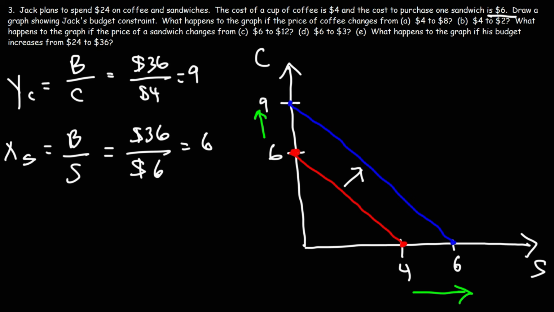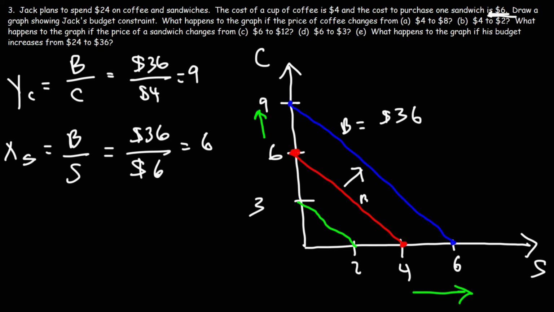If you were to decrease the budget, let's say from 24 to 12, then it will go this way. So if it's $12, the y-intercept will be 12 divided by 4, so this will now be 3. And the x-intercept is 12 divided by 6, so this will now be 2. So the blue line represents a budget of $36.